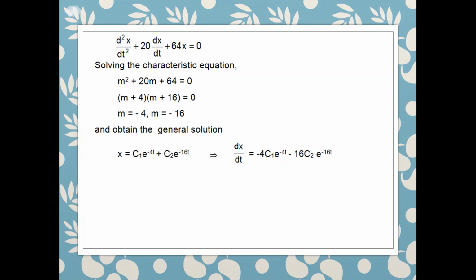As the m values are real and distinct, therefore, the general solution to the given second-order linear homogeneous equation is x = c1 e^(-4t) + c2 e^(-16t).